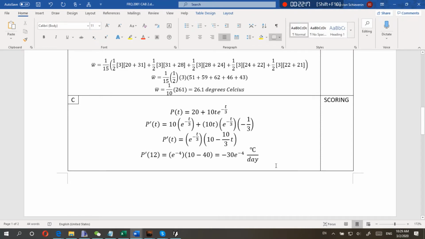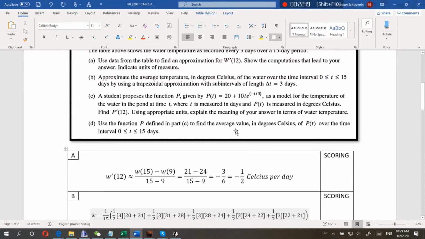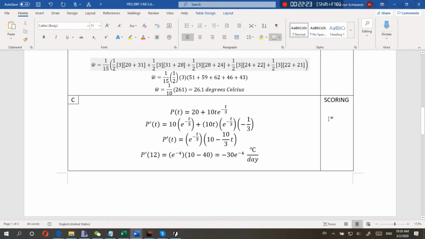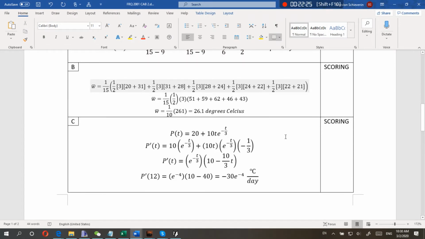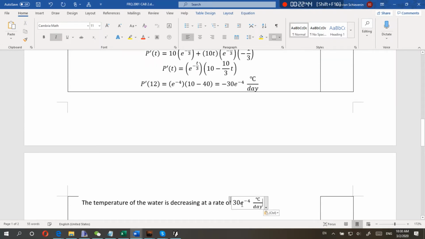Okay. And then they asked us to explain the meaning of your answer in terms of water temperature. So the temperature of the water is decreasing at a rate of 30 e to the negative fourth degrees Celsius per day.